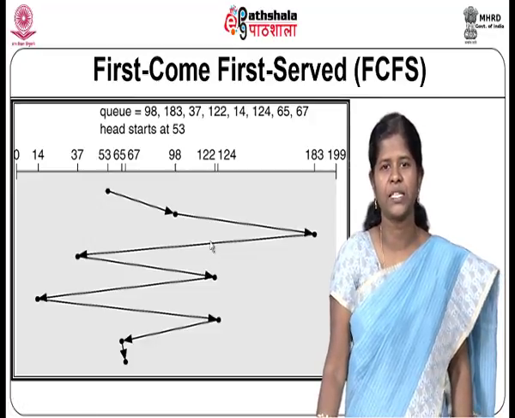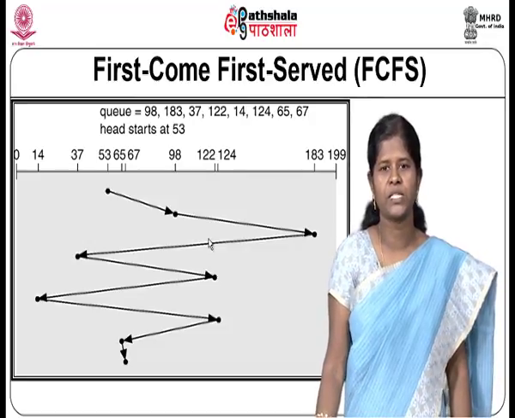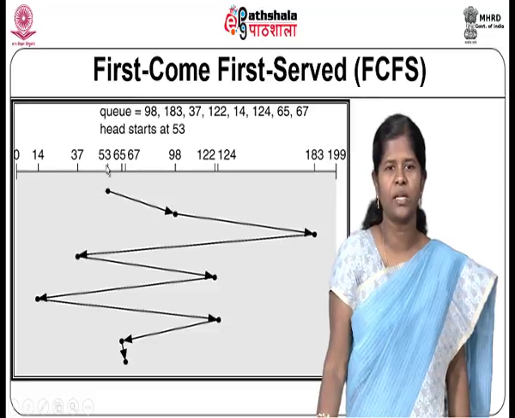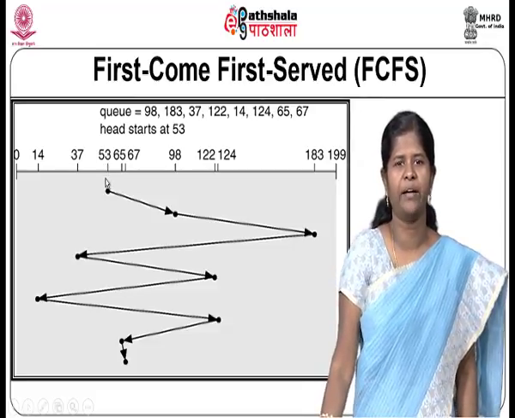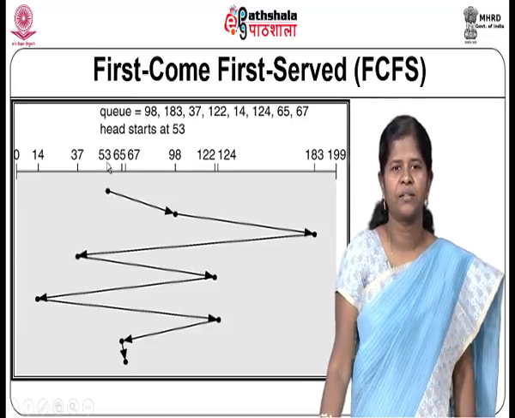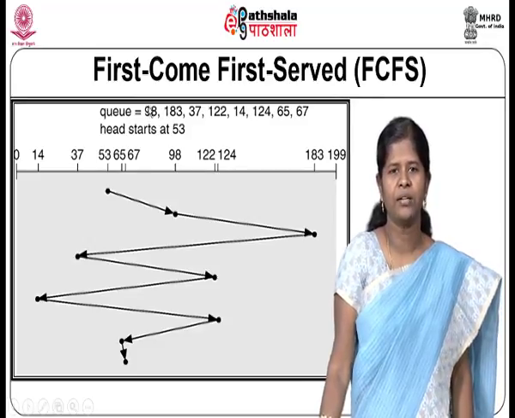As the name says, whichever request arrives first will be serviced first. So, look at this diagram. This shows the movement of the head. Initially the head is kept at 53 and then there is a request for cylinder 98.